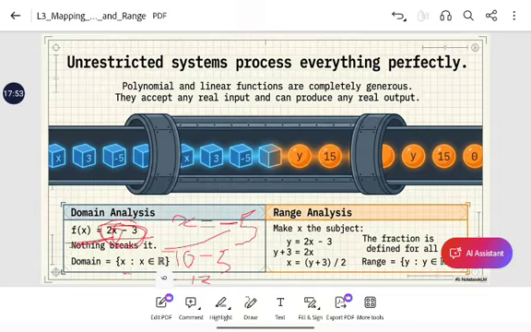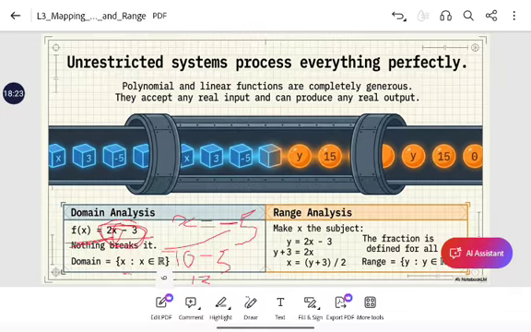In our previous video lessons, we talked about the fact that y is equal to f of x, or y is the same as f of x. Okay, so we are taking away the f of x and replacing it with y. So the same function, y is equal to 2x minus 3.